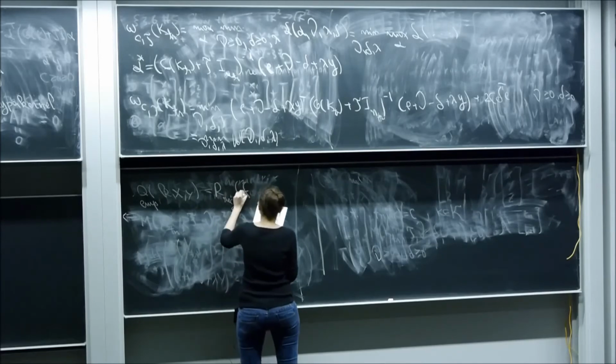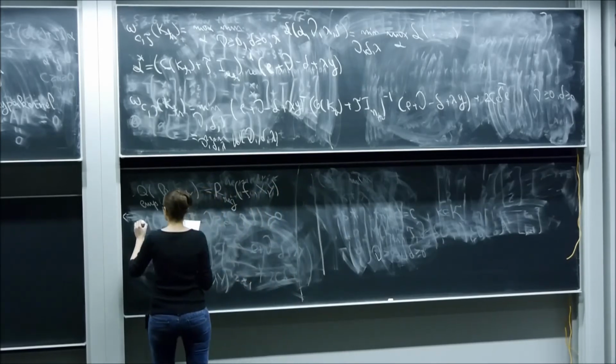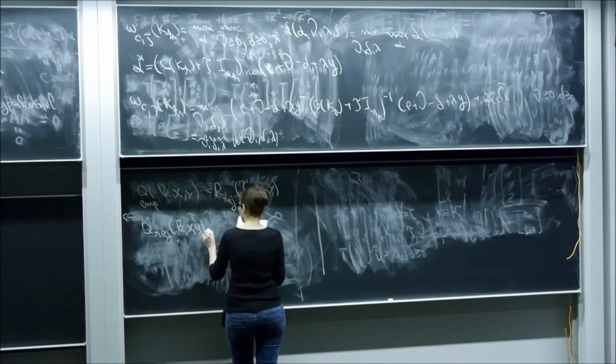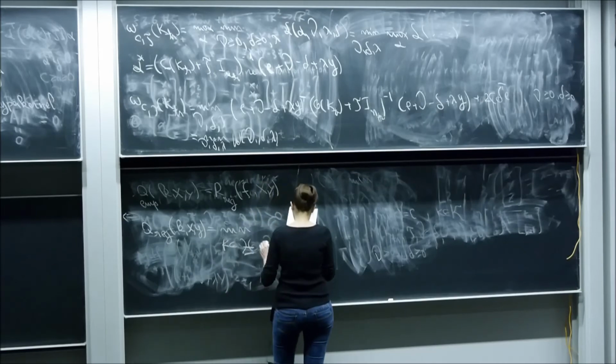This is just the regularized risk functional. So this is minimum over K in my hyper-RKHS.